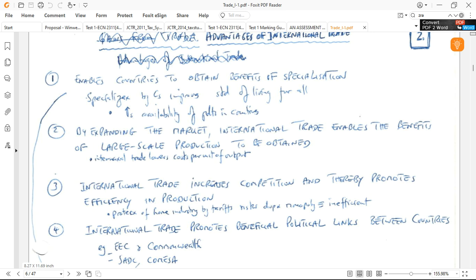Whosoever is going to produce this much in a week is going to become their permanent dealer, right? It means that you're going to work on your efficiency, and at the same time you're going to work on your quality. So because of international trade, there's competition, and this competition is going to increase your efficiency, right?